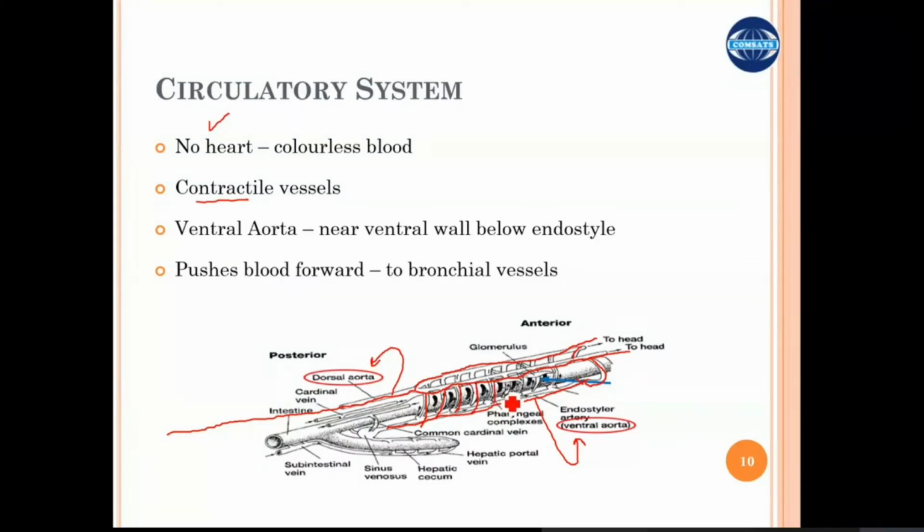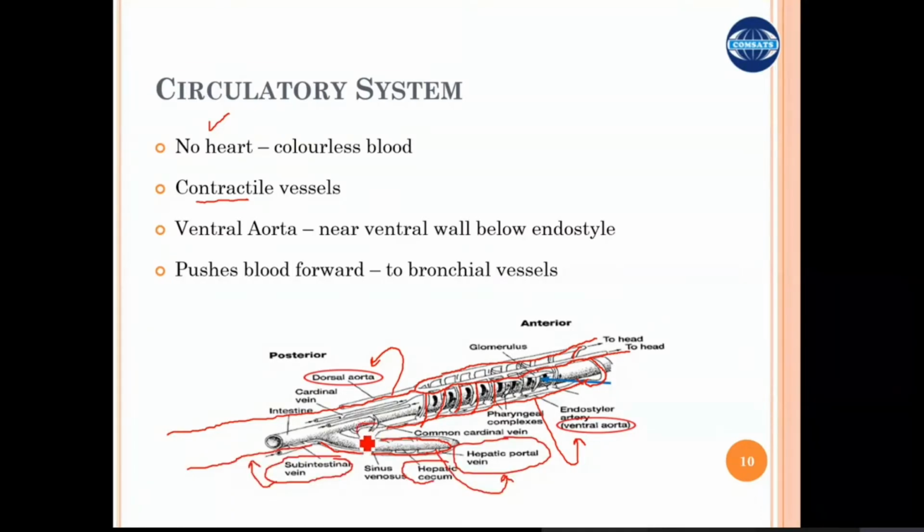Then there is a blood vessel running backwards, passing along the hepatic sac. Since it is running in the hepatic region, we call it the hepatic portal vein. When it reaches the intestinal region and is under the intestine, we call it the subintestinal vein.